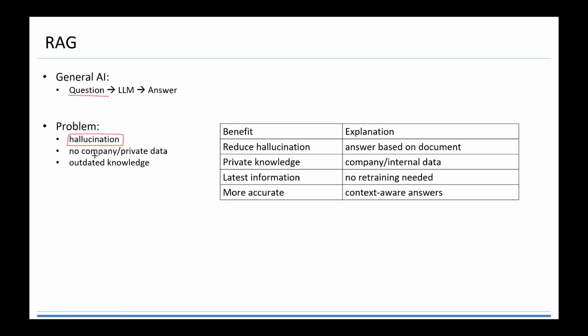And sometimes you cannot ask because it is too private. The data is only in your company, the data is in your computer. Or sometimes the LLM has outdated knowledge. The knowledge is already old, so you cannot ask with the current knowledge.